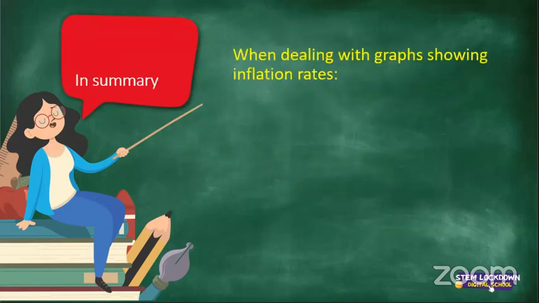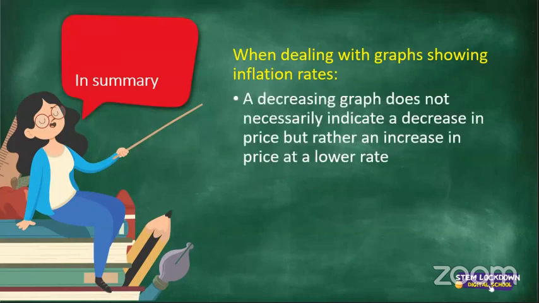So, in summary, when dealing with graphs showing inflation rates, a decreasing graph does not necessarily indicate a decrease in price, but rather an increase in price at a lower rate. So the graph may decrease, but that does not mean the price has decreased. That's what we were discussing the entire lesson yesterday.